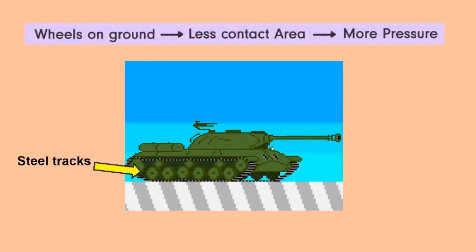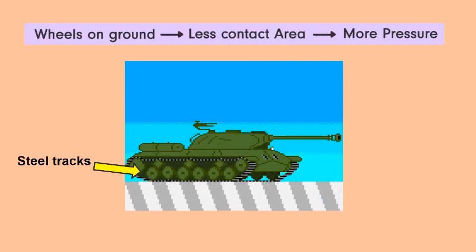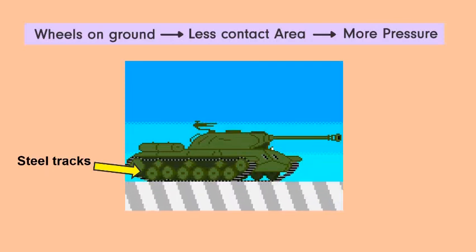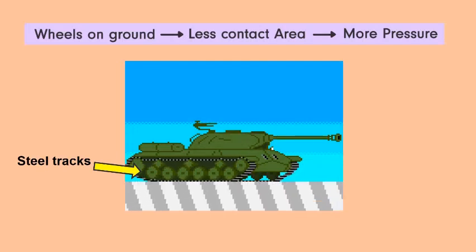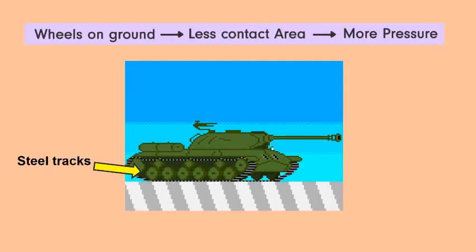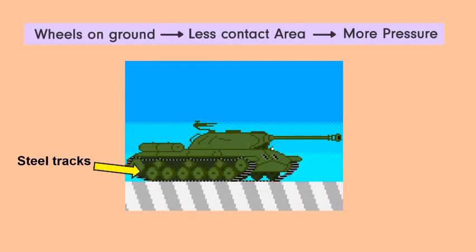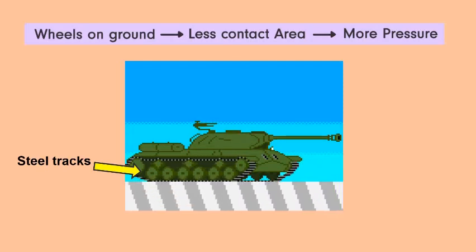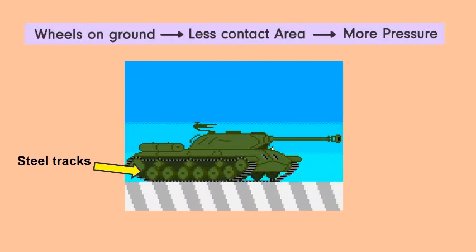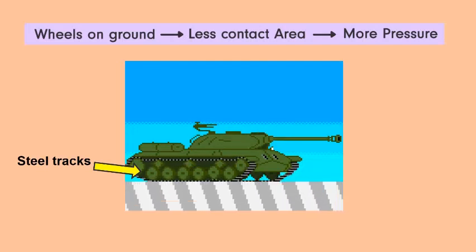If the wheels ran on the ground, due to less contact area with the ground, the pressure on the ground would be massive. However, the track has a much larger area of contact with the ground, and hence the pressure on the ground is reduced to a great extent.